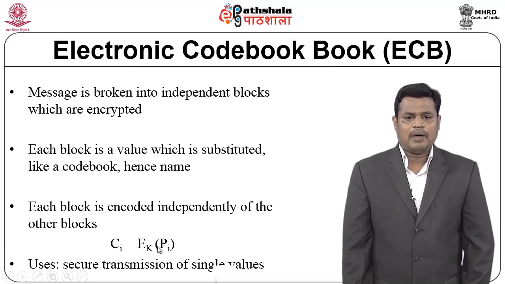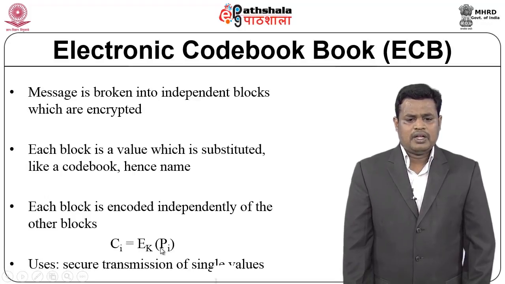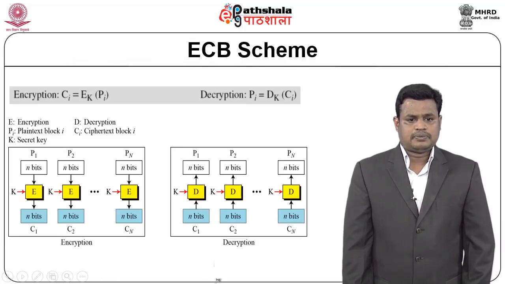For example, I am taking a message P_i. P_i does not depend on P_j. So P_i is not depending on P_j, and each and every block is processed independently. This is used for secure transmission of single values.